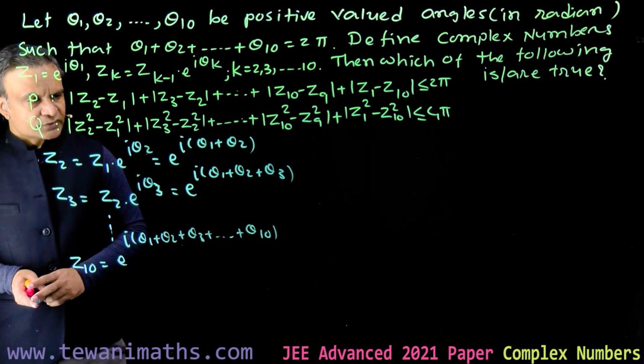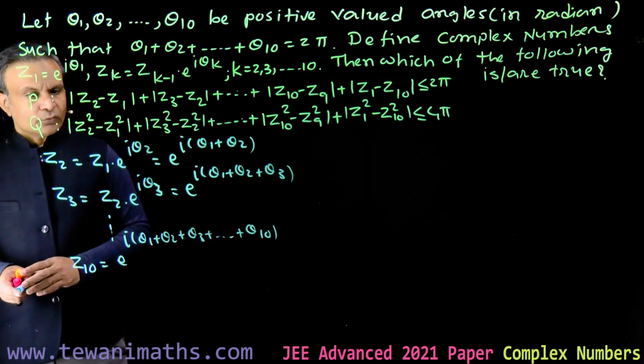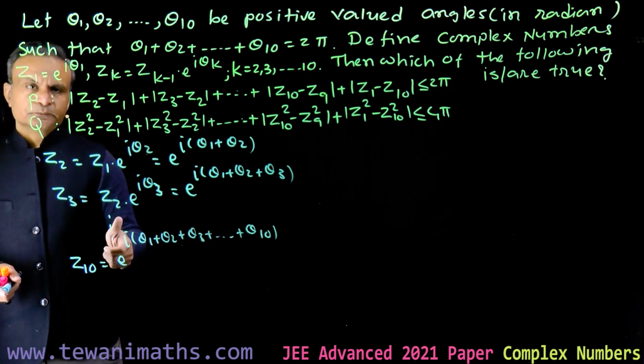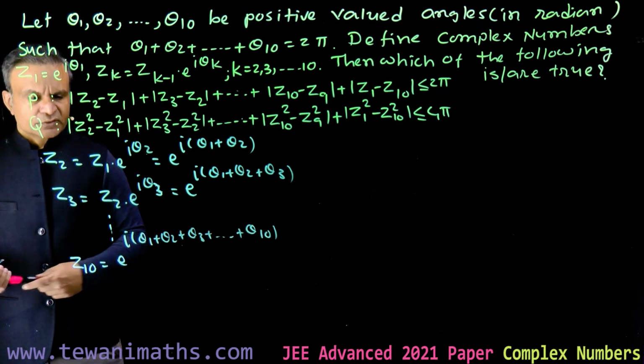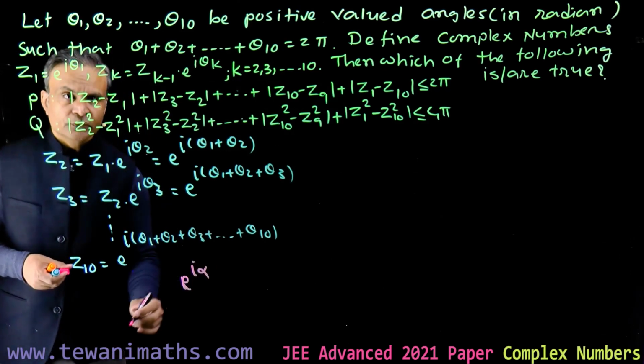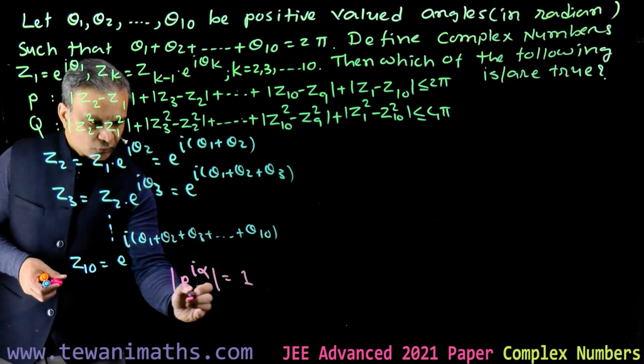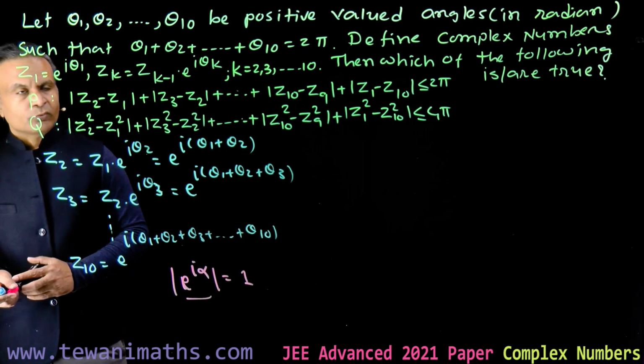Now we first mark these complex numbers on the Argand plane. The modulus of each complex number is 1 because each complex number is in the form e power iota alpha, which is cos alpha plus iota sin alpha, and its modulus is 1.